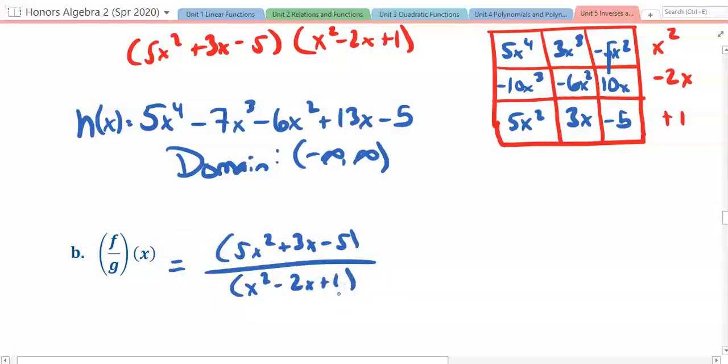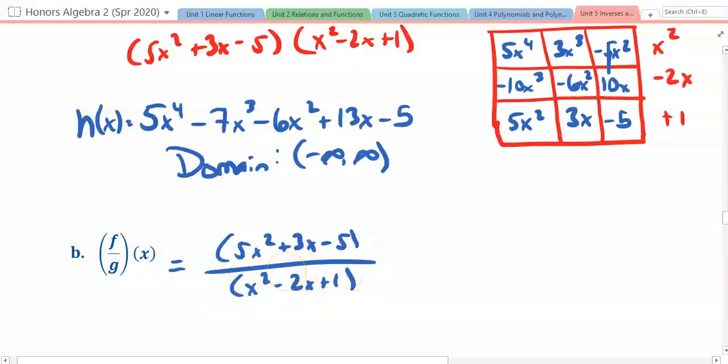Now, we're dealing with dividing by a quadratic here. We have not talked about doing long division, so I'm not expecting you to simplify this, okay? What I want you to get from this is what things would not be in our domain. Now, the numerator is a quadratic. Its domain is all real numbers like we just discussed. The denominator, its domain is all real numbers, so everything's fair game.